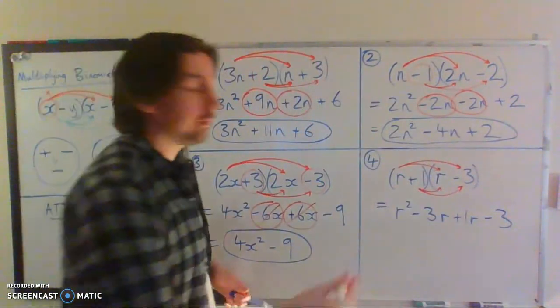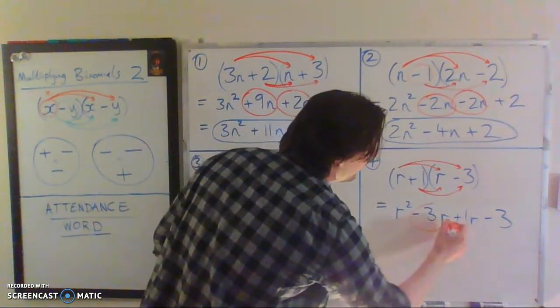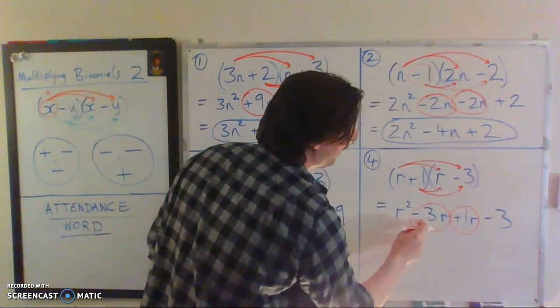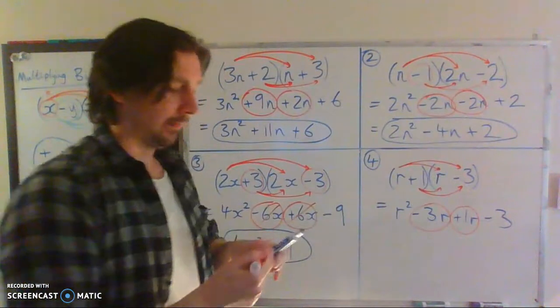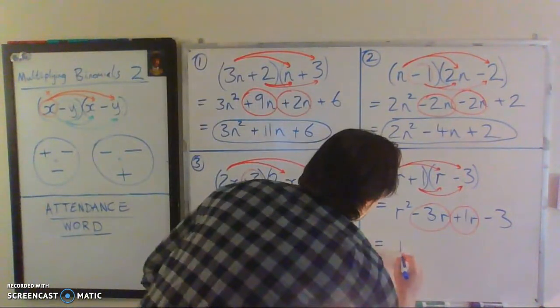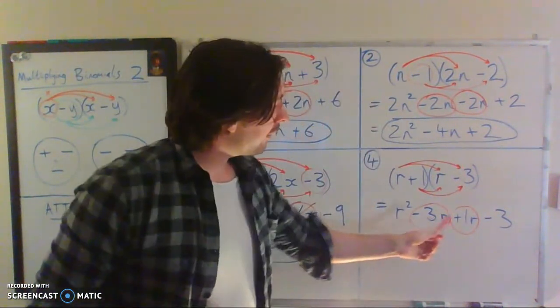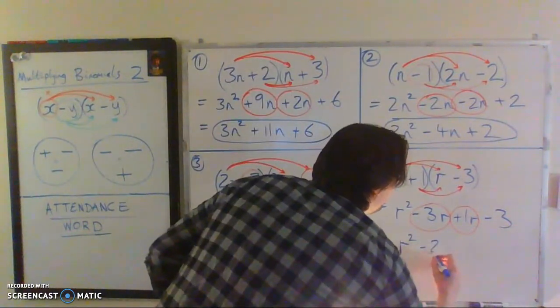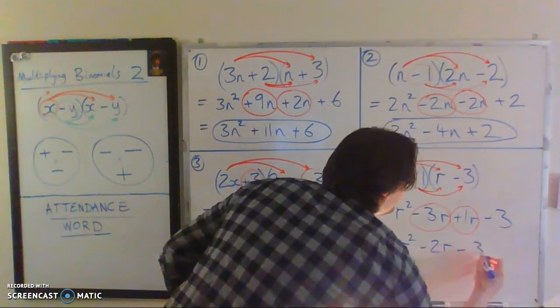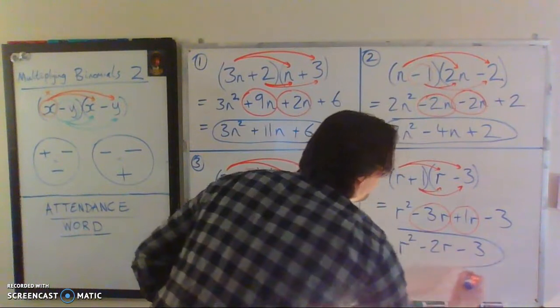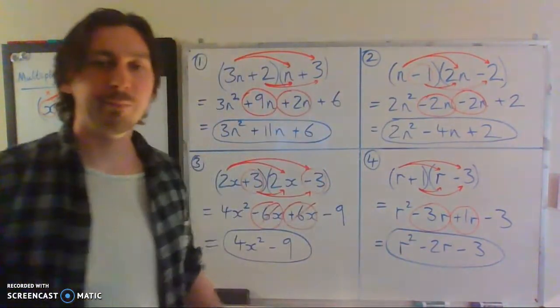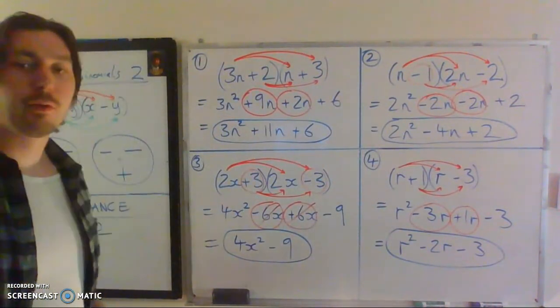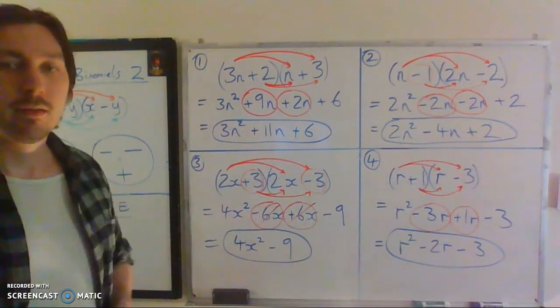And then put together the 2 in the middle. Make sure you collect what comes before the number. r squared. Negative 3r plus 1r is negative 2r. And then take away 3 on the end. That's my answer. Alright, so that's the first 4 answers there.